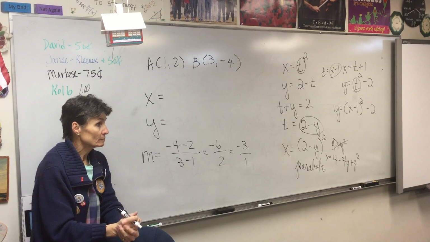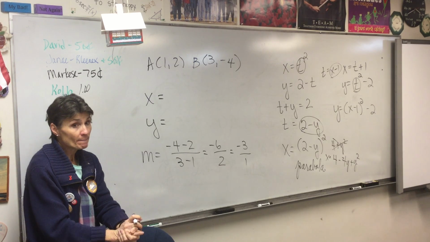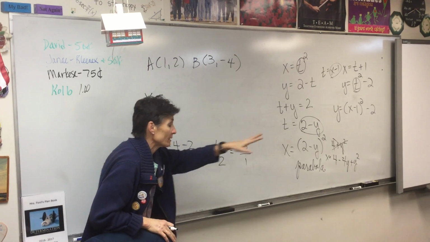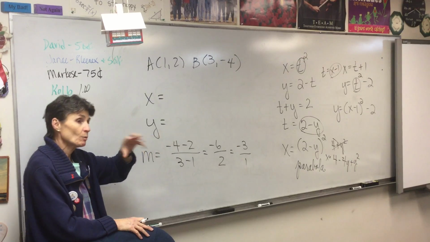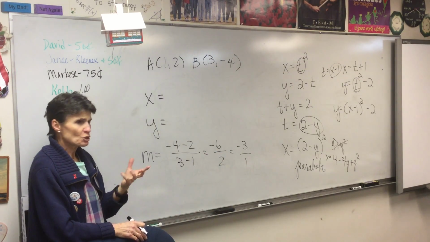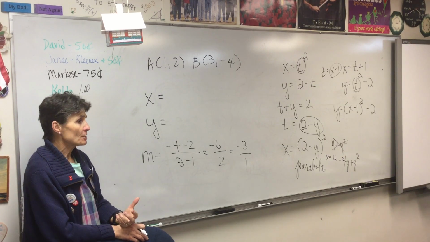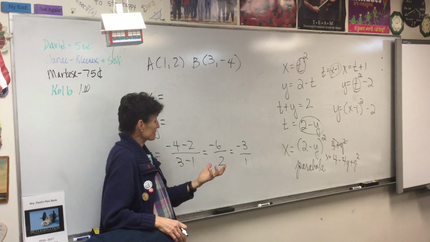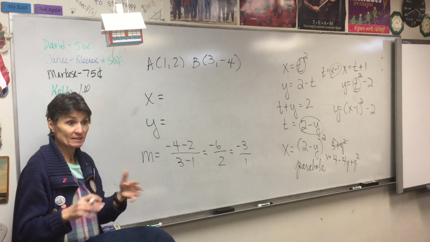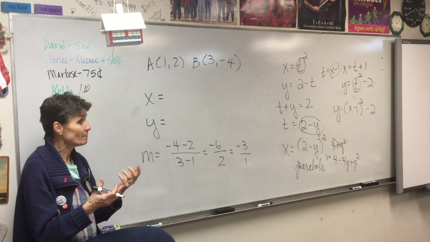That's the slope, right? If you were doing it the old way, like you did back in Algebra 1, where you had to write the equation of the line, you found the slope, and then didn't you pick a point? Yeah. And you either plugged it into y equals mx plus b, or point slope, y minus y1 equals m(x minus x1), whichever was your favorite way.